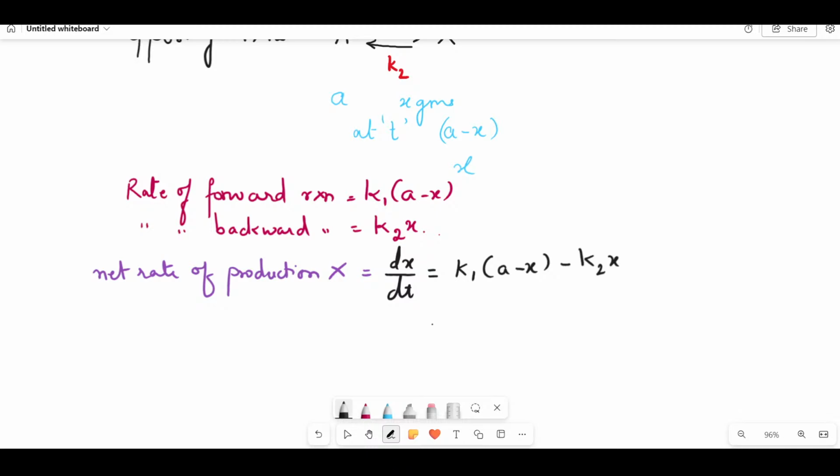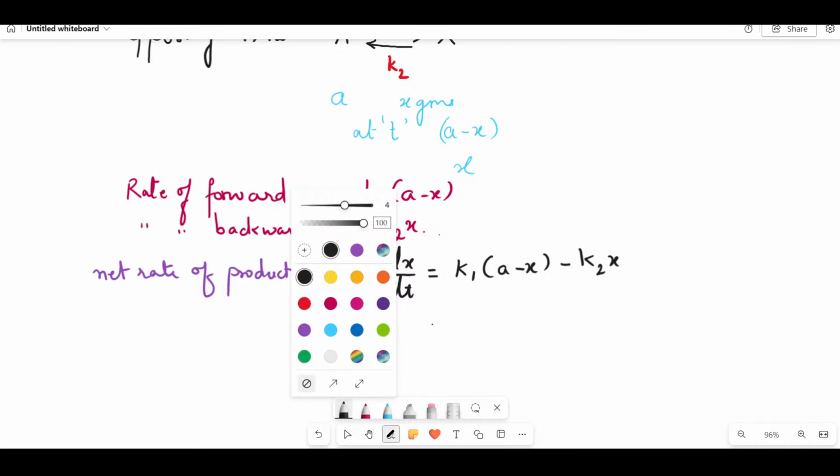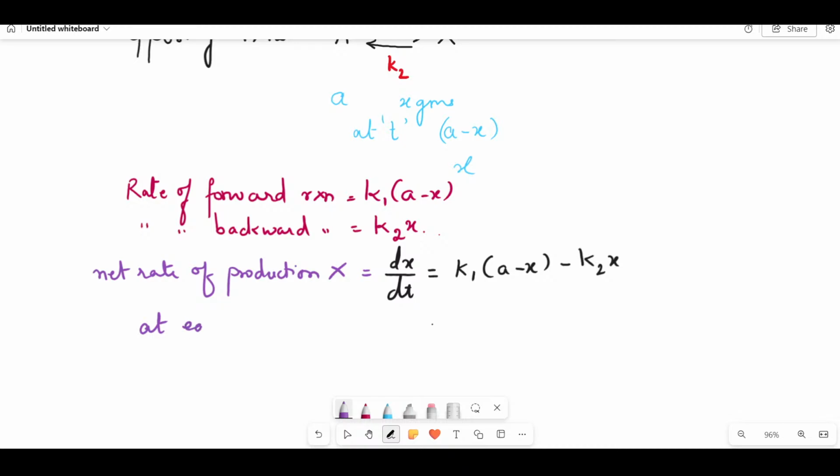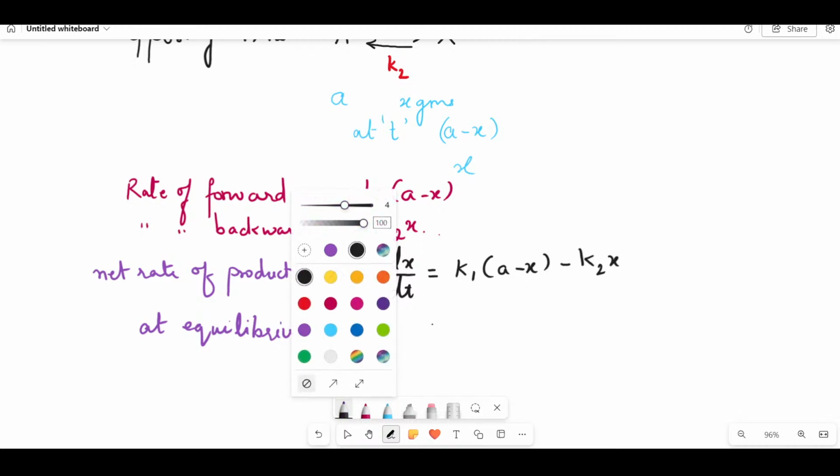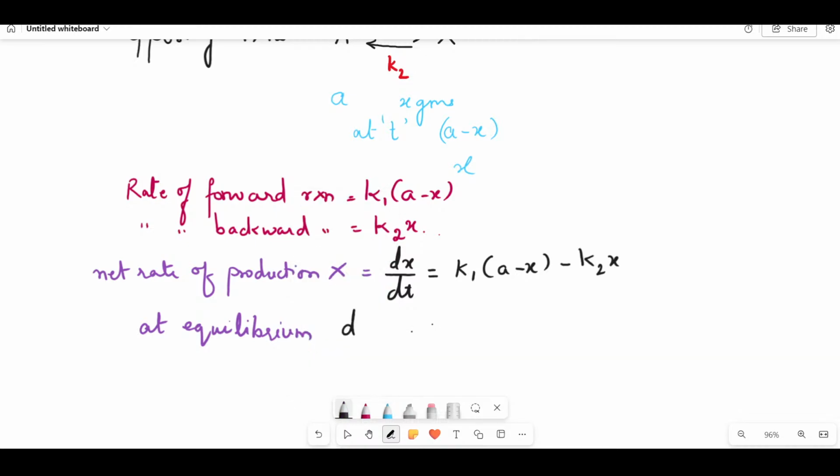But we have to count it at equilibrium. So at equilibrium, dx by dt will be equal to 0 because the reaction has stopped at a particular place.